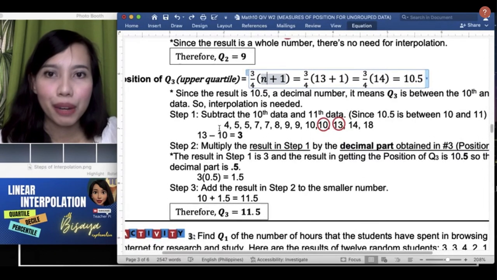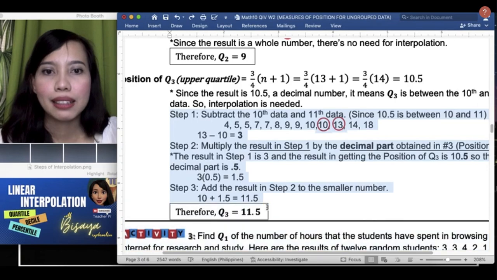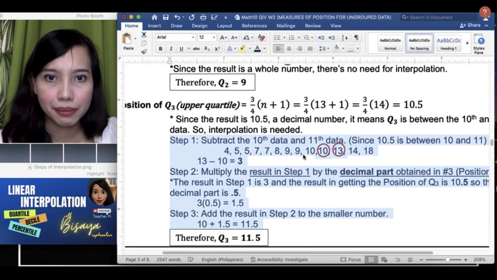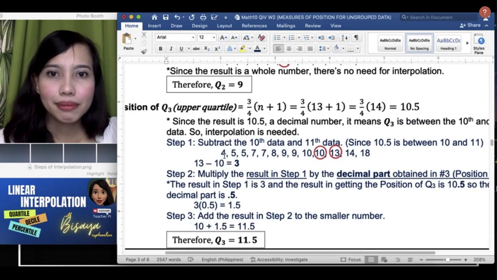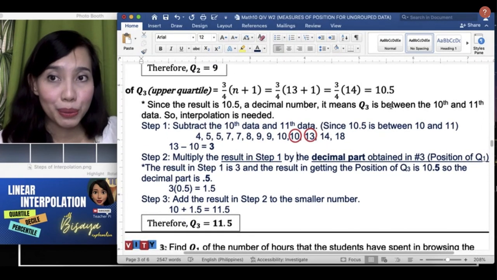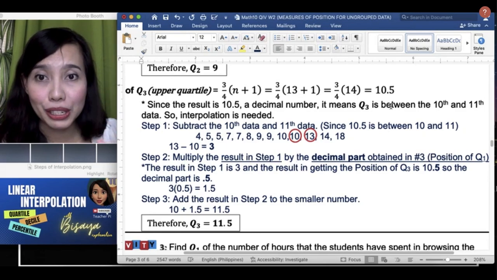Ako na siyang i-highlight of blue para dili mo malibog, ha? Okay. Let's change it to color blue. 10.5 is between the 10th and 11th data. So interpolation is needed.